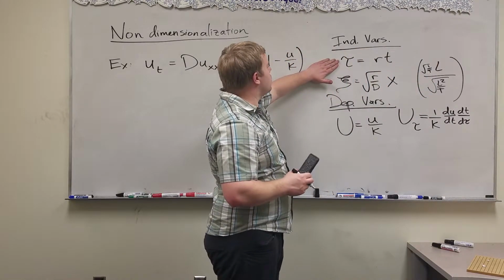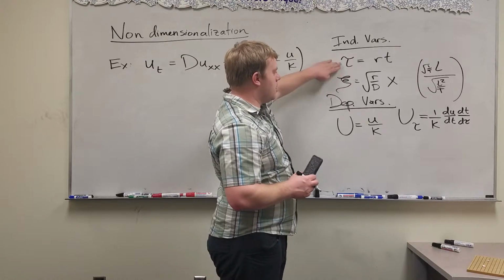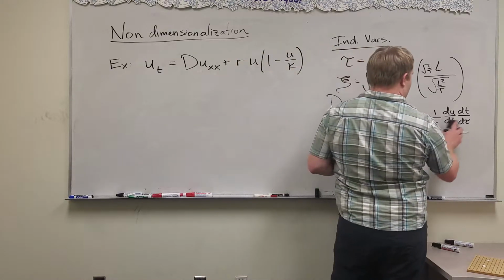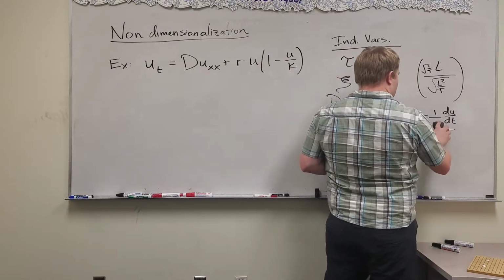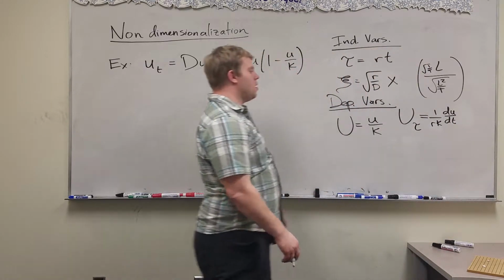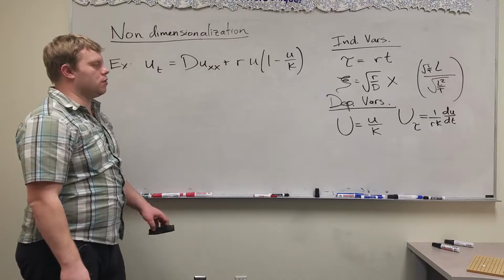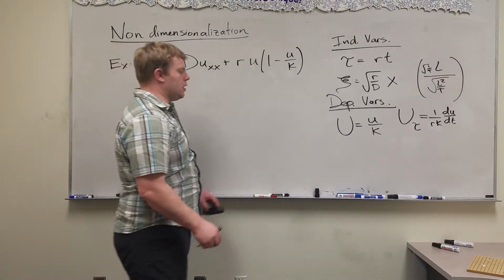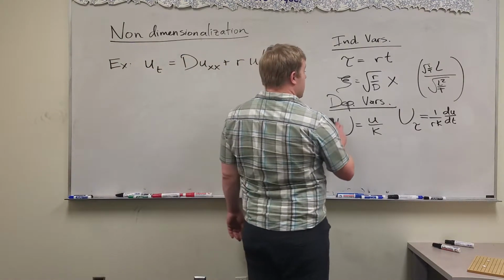Since t equals tau over r, dt d tau is just 1 over r. And that means I get big U tau equals 1 over rk du dt.